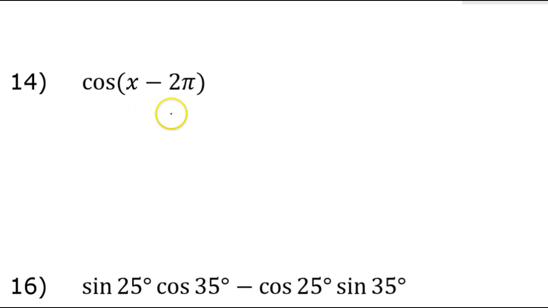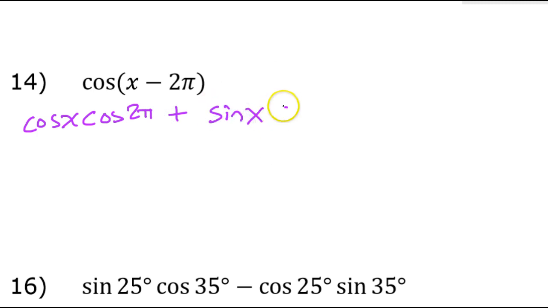The cosine of a difference goes cosine cosine plus sine sine. So it's going to be cosine x cosine 2 pi, and it changes from subtraction to addition, and then it will be sine x sine 2 pi. That's just the formula.